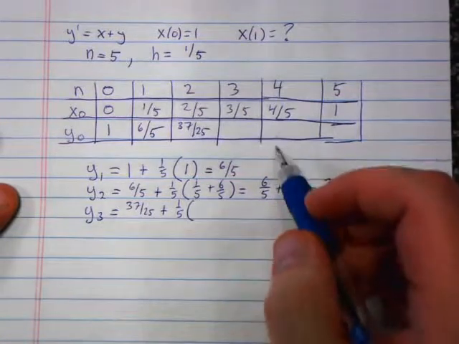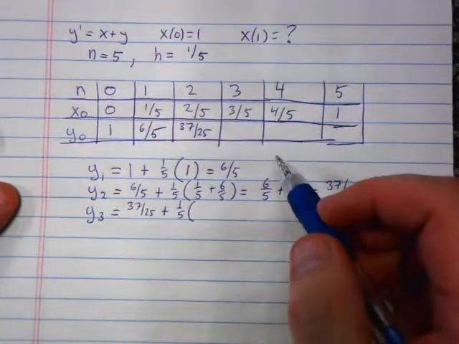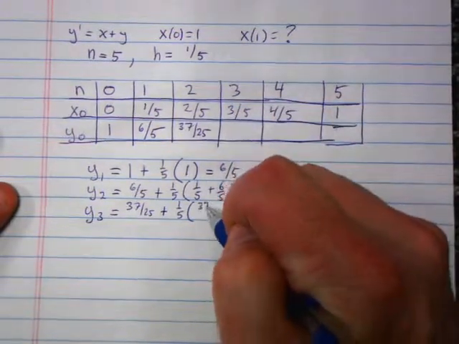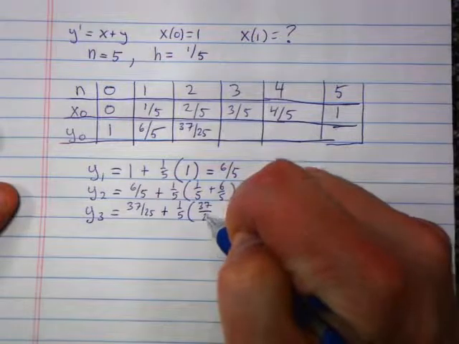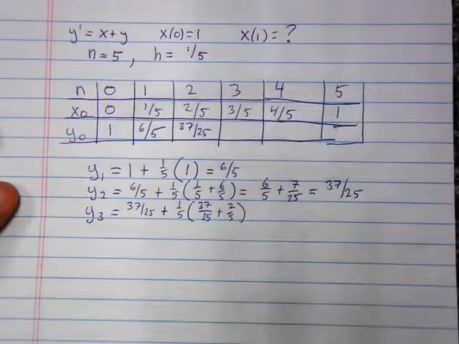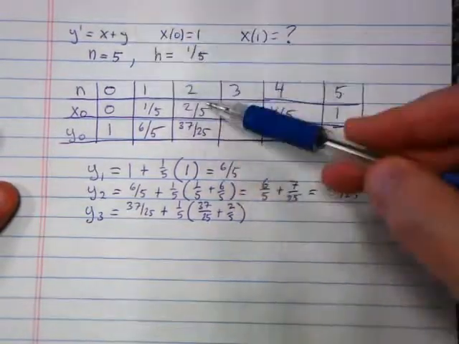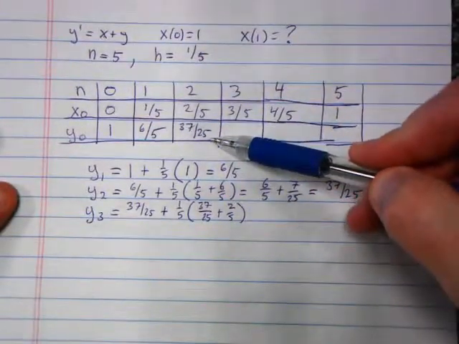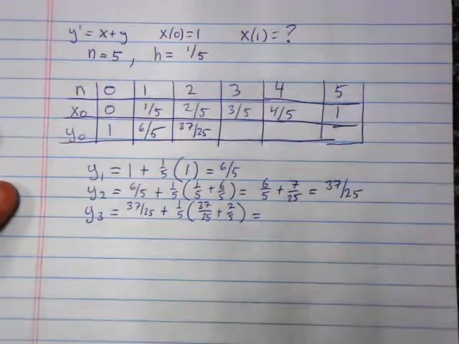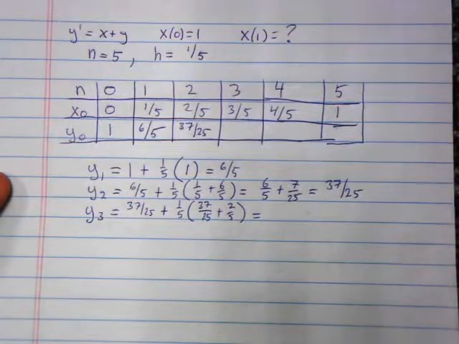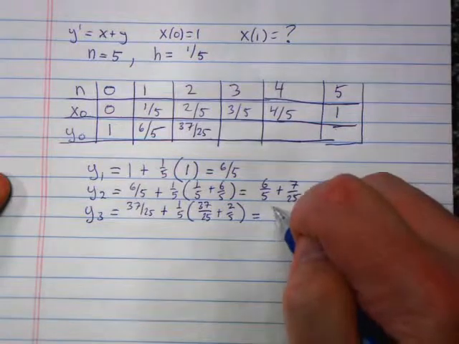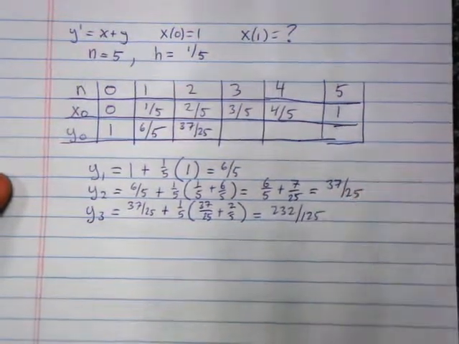Change it to 10 over 25 plus 37 over 25. Which gives 232 over 125.